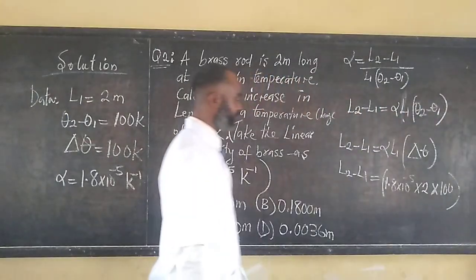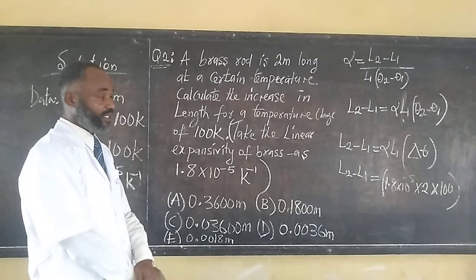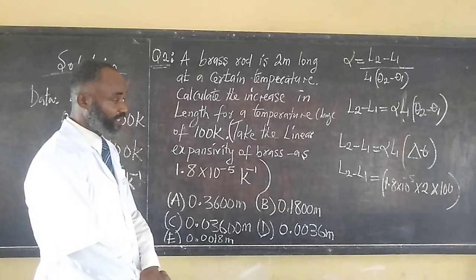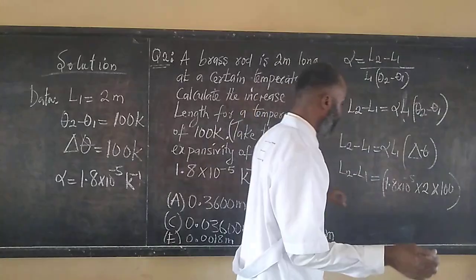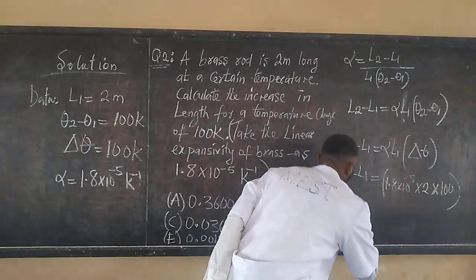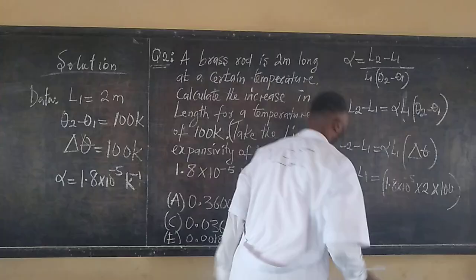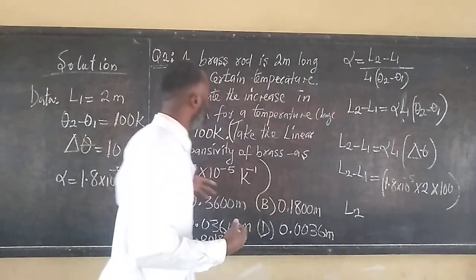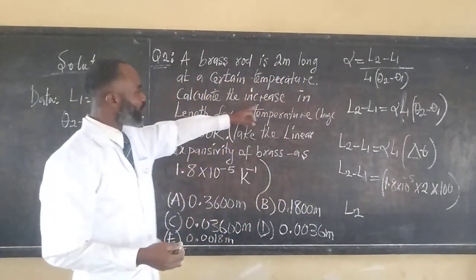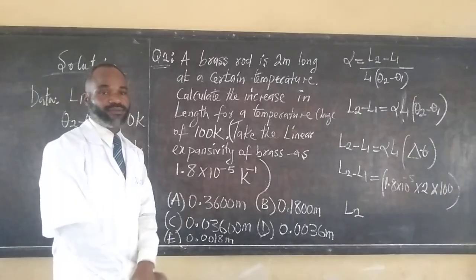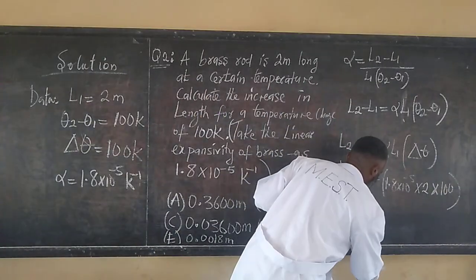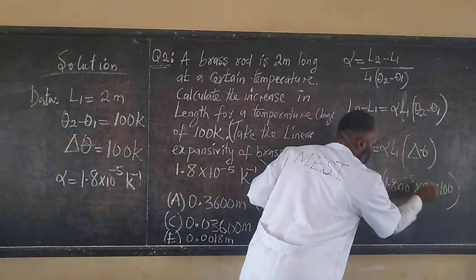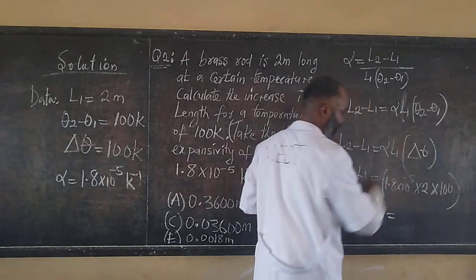That's what it should be. And then by the time we are done, calculate this. Because we're looking for L2, they say, calculate the increase in length, L2 minus L1.